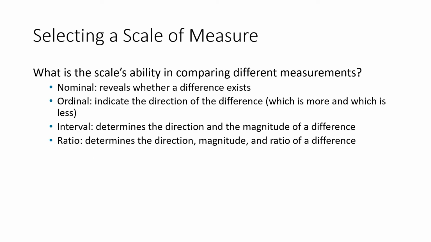So when selecting a scale of measurement, we want to use basically the most complex we can, as long as the measurement fits it. So when we're doing stats, we want to do the highest power stats we can. Power is something in stats that refers to how strong a measure is.